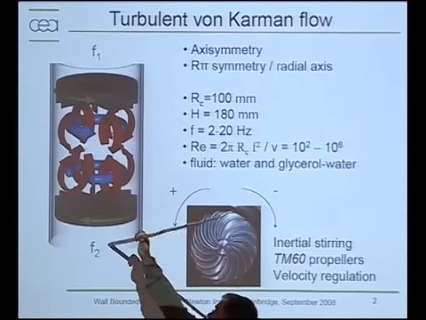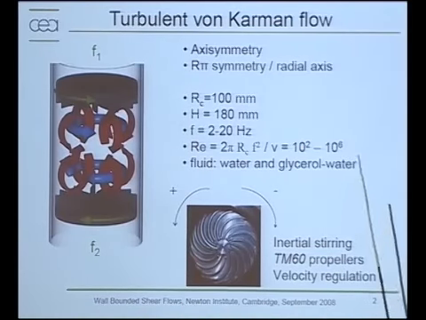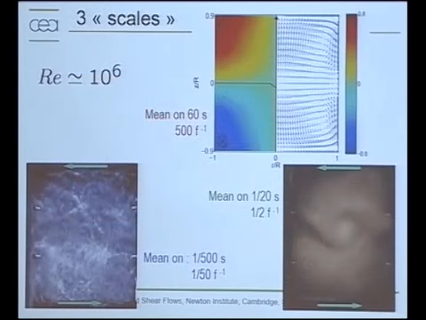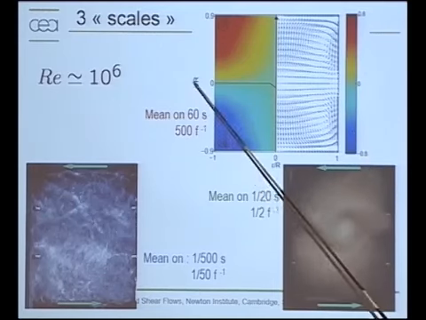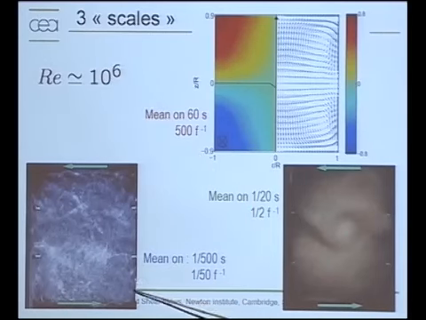This flow is axisymmetric in a statistical sense, and you also have an R-pi symmetry against any axis perpendicular to the flow. Okay, so we have performed some velocity and some torque measurements in these experiments.